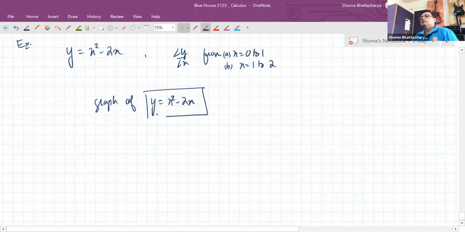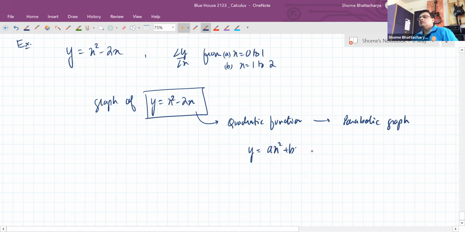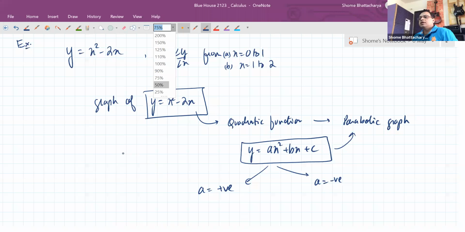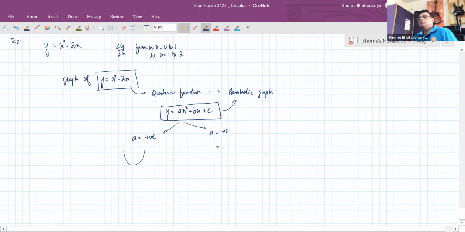Now see, this is a quadratic function, so it will have a parabolic graph. In general, any quadratic function like this has a parabolic graph. But depending on whether A is positive or A is negative, the parabola has a shape such that it is either opening upwards or opening downwards.